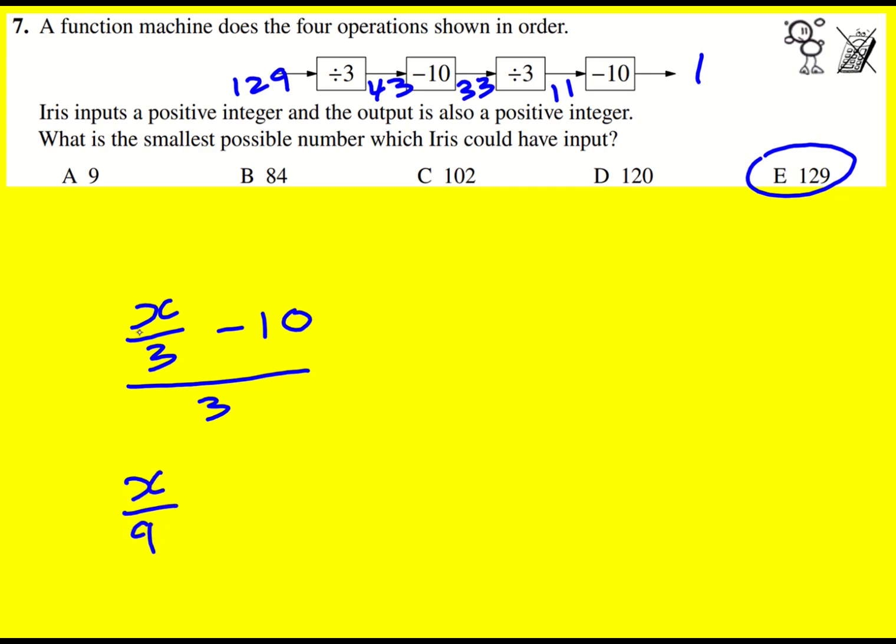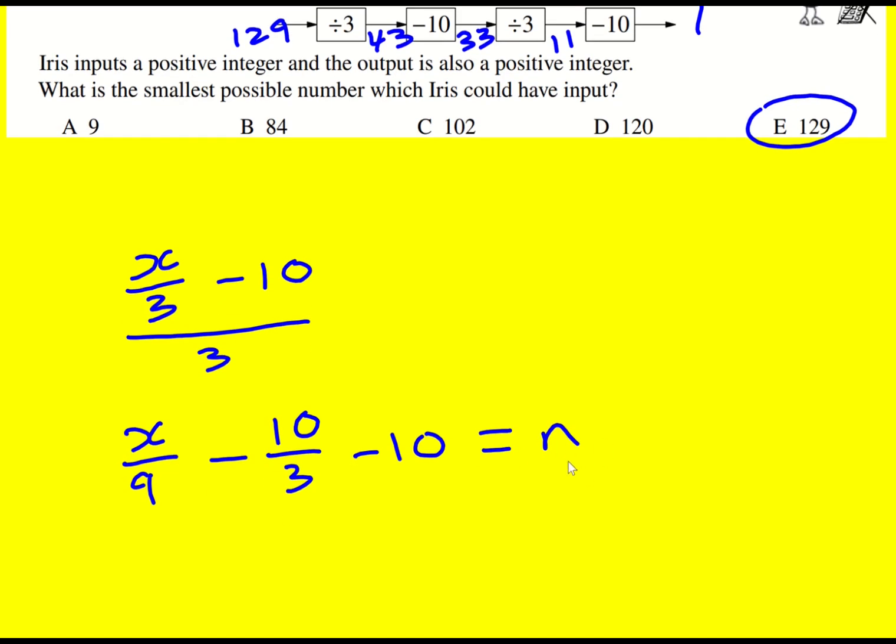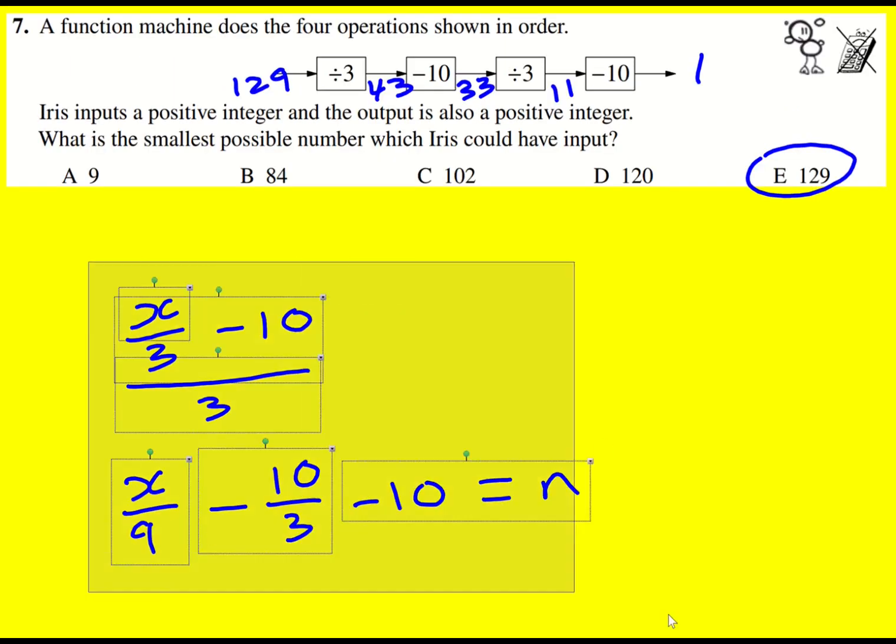If I divide something by 3 and then divide it by 3 again, it's the same as just dividing by 9, and then minus 10 over 3. So I don't have fractions within fractions. Now I've done that dividing by 3, I can minus 10, and I'm going to get n as my answer. Some value of n, which I know is an integer.